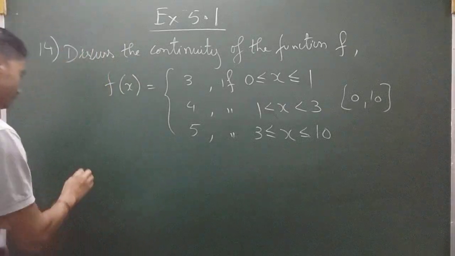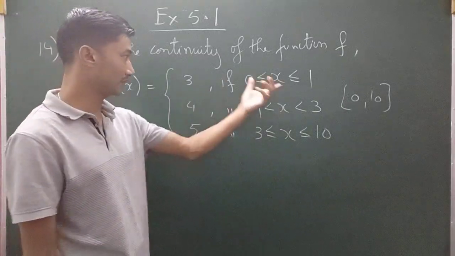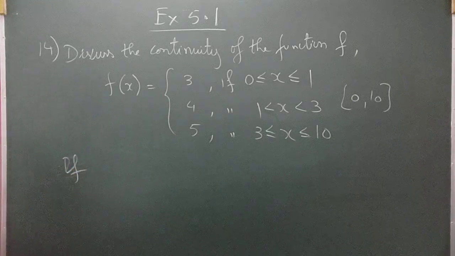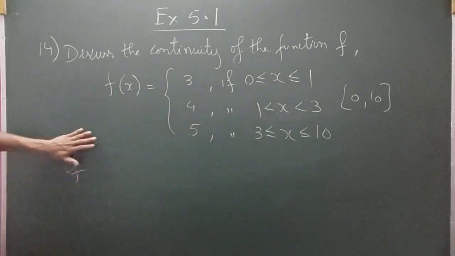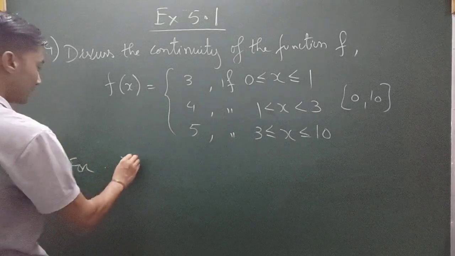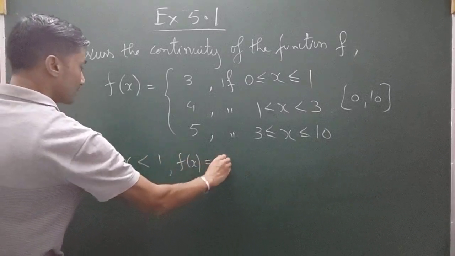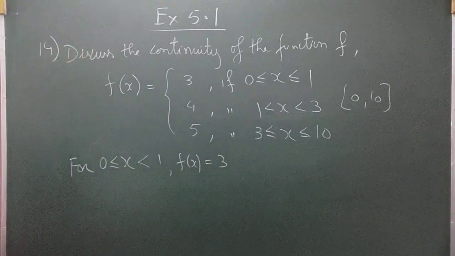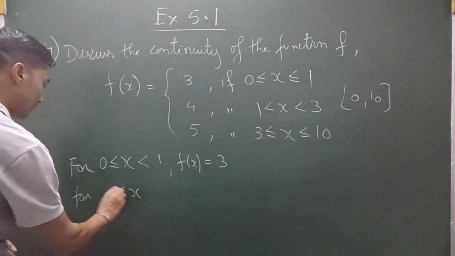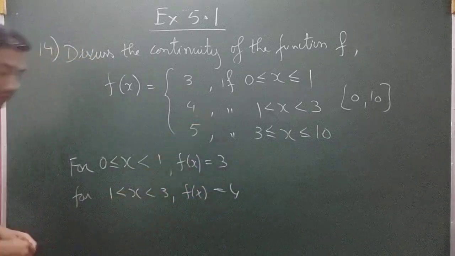So let's begin. Let's write it down. For x greater than 0, less than 1, our function f of x is 3, right? For x greater than 1, less than 3, our function is 4, isn't it?